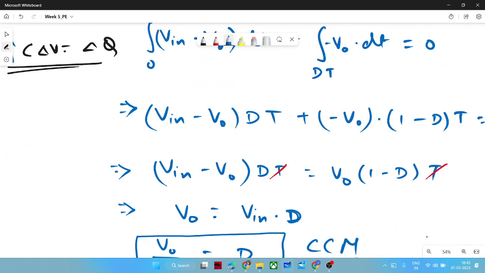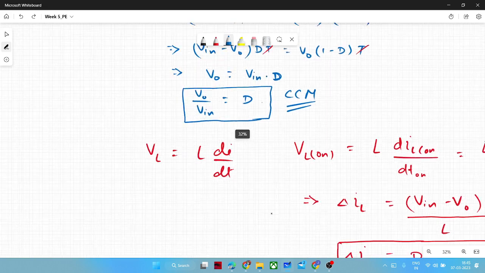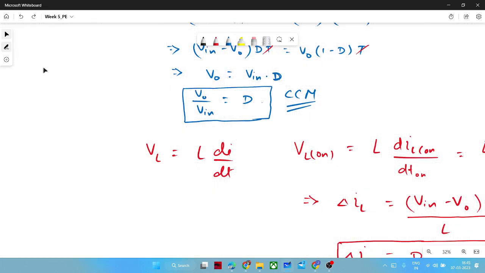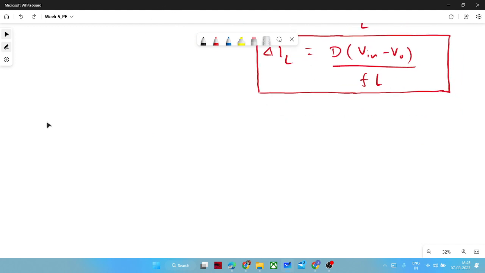Okay, so first, let us compute the slope value. We have this kind of characteristics of inductor current, and during charging, it is V in minus V naught by L. That will be your di by dt, right?